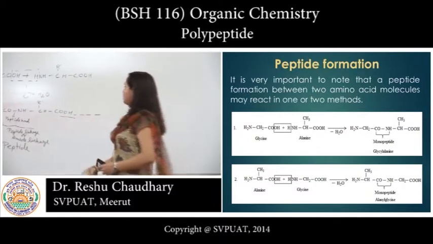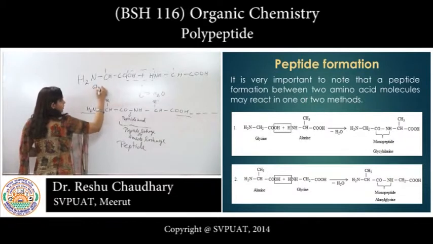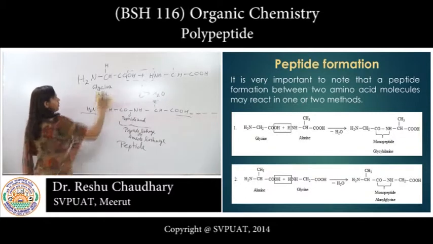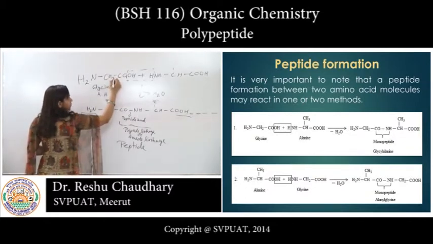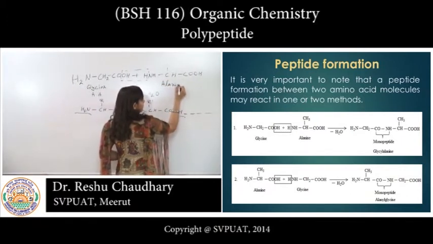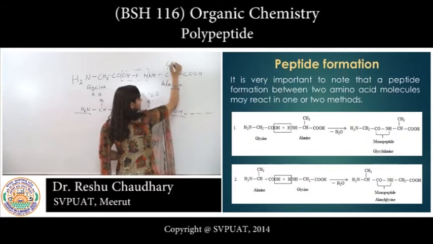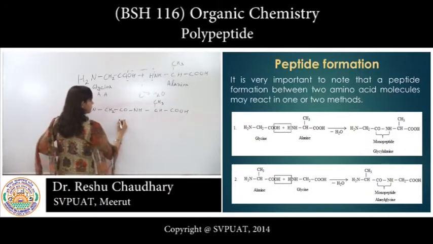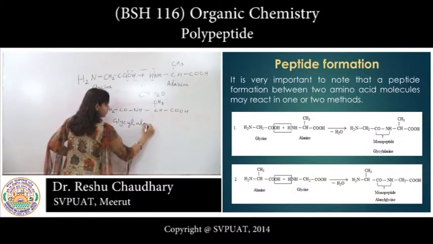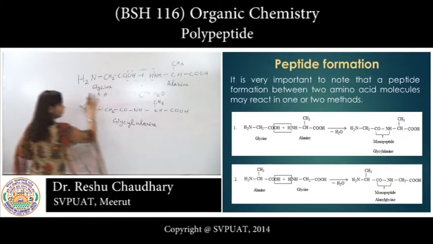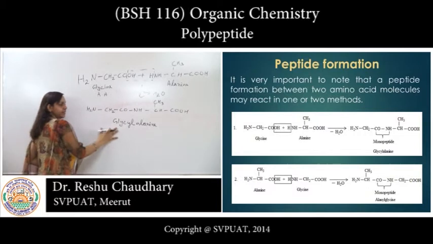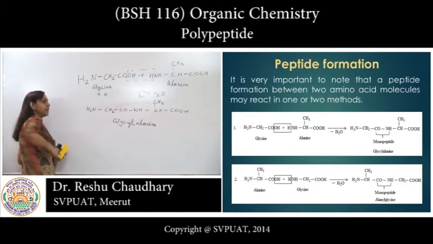For example, here is the amino acid glycine, with H, or it may be written as CH2, and here is the amino acid alanine, where a CH3 group is attached. The product formed is known as glycyl alanine, because here is glycine and here is the amino acid alanine. When they condense, the name will be glycyl alanine.